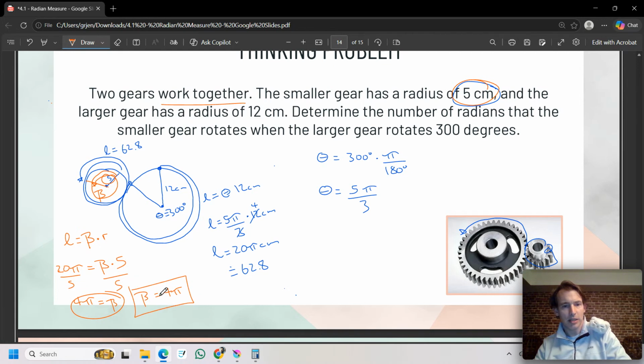Therefore, the small gear passes through 4 pi radians of rotation. Exactly. 2 rotations.